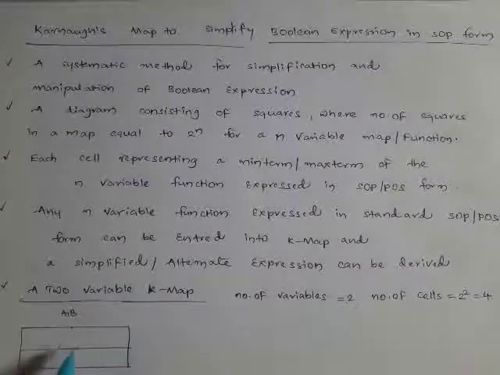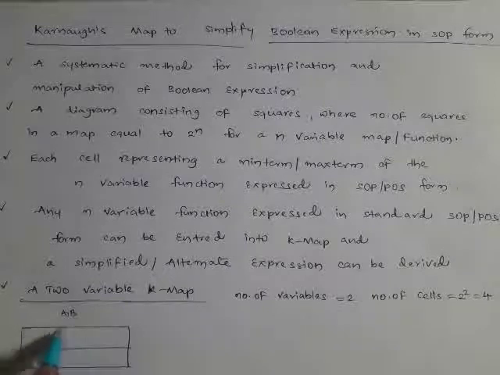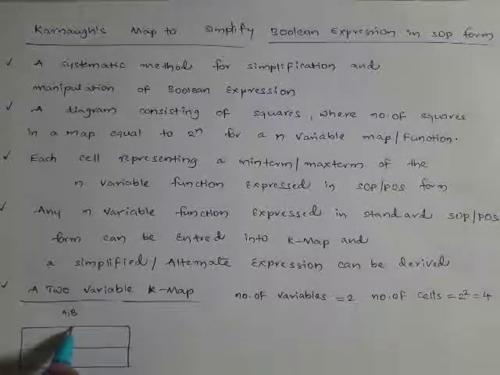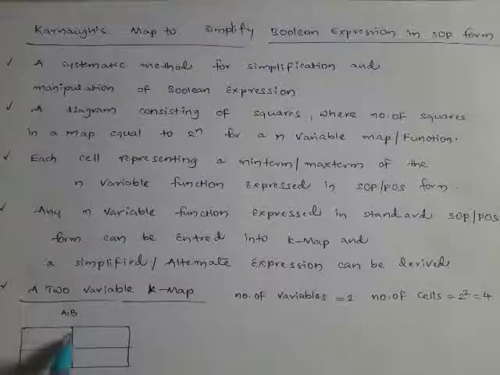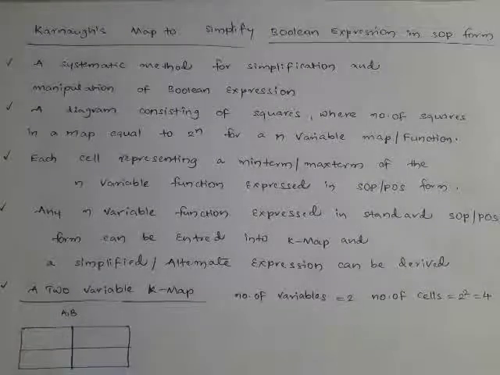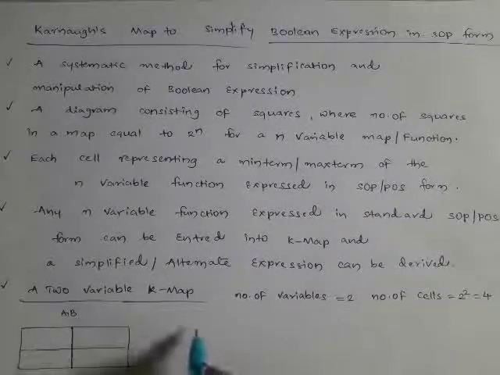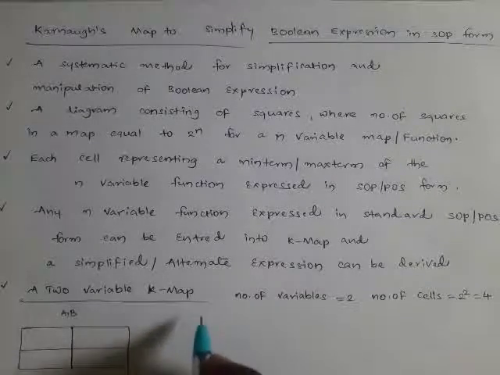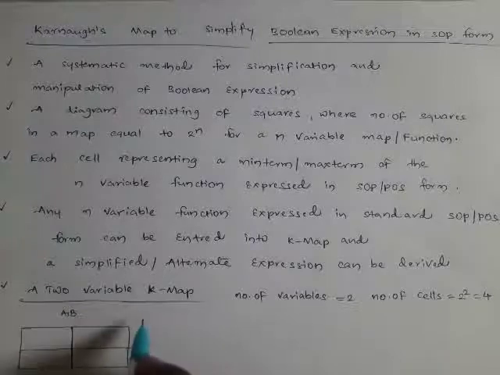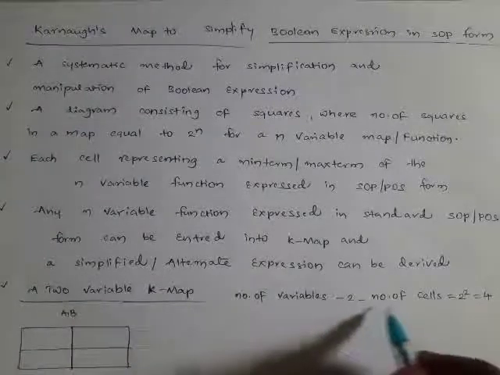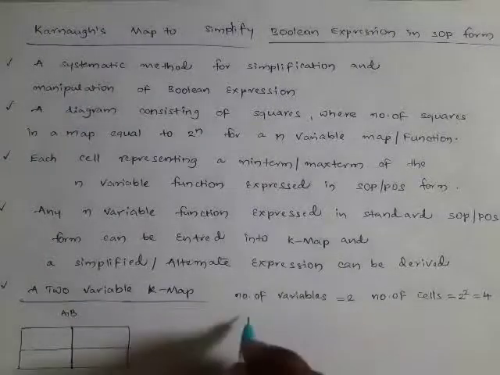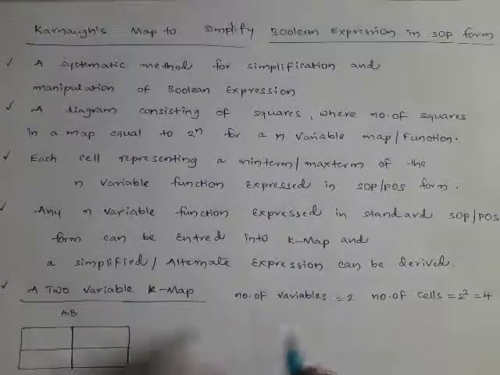So here we'll draw a K-map, and we'll draw 4 squares corresponding to 4 minterms of the 2 variable function. So the number of variables is 2, the number of cells must be 4, as the number of minterms is 4.